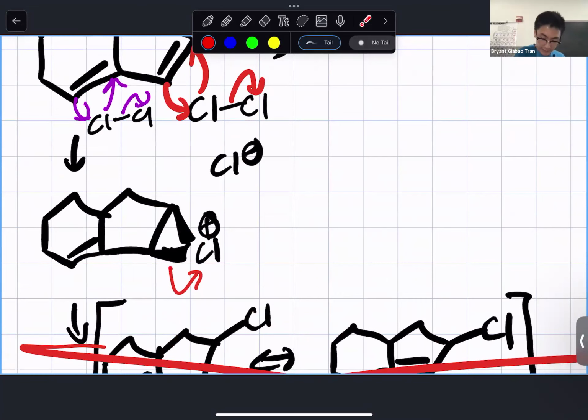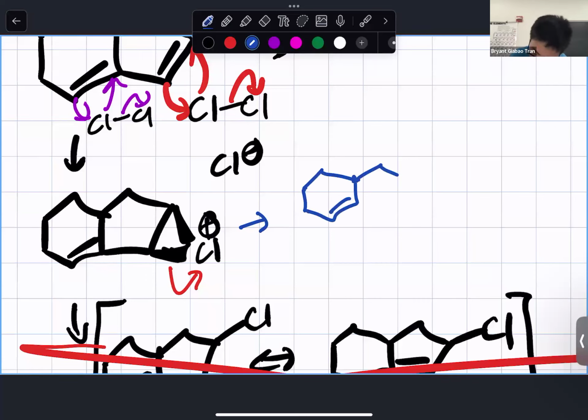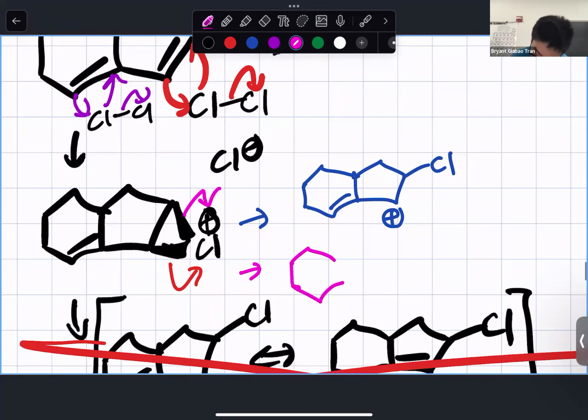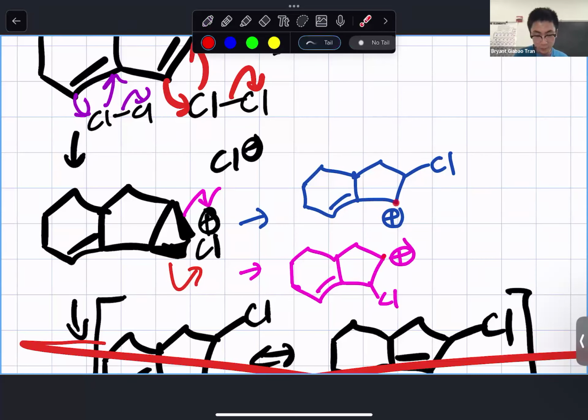All right. I broke this side because that would give me this carbocation right there with the chlorine here. If I broke open this side, I'm going to get this carbocation right here. They look like they are equally substituted. They are secondary, but then we look at which one is allylic, which one can do resonance.